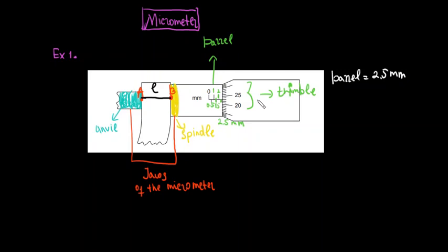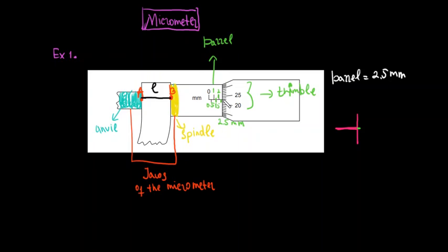So how will I read the thimble? I will read the thimble by the last rule I gave you. I have to look at where the barrel and thimble reading scales are perpendicular to each other, like this. Let's say that this line is representing the barrel and this line is representing the thimble. So where is it perpendicular?